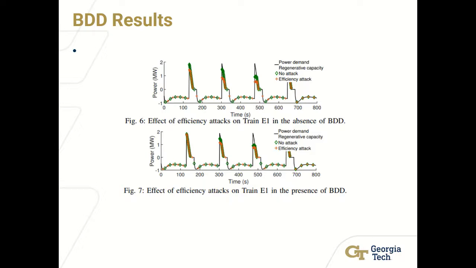If you look at the two graphs, the top graph where BDD is absent, there is a much larger gap between the power injected into the system, the green and red spikes, versus when the BDD is employed, where the green and red positive voltage, or rather power, being injected back into the lines are much closer together.